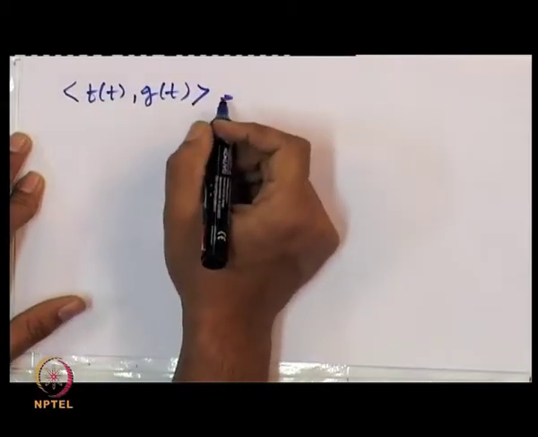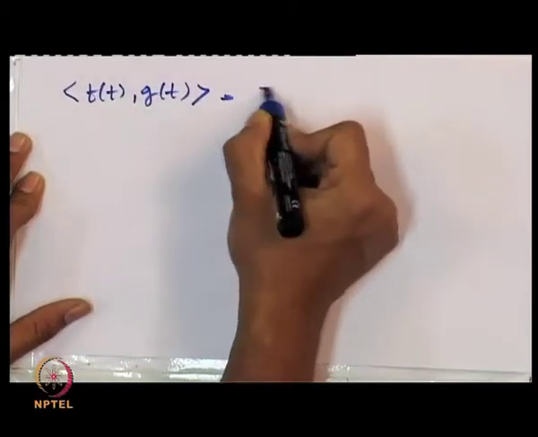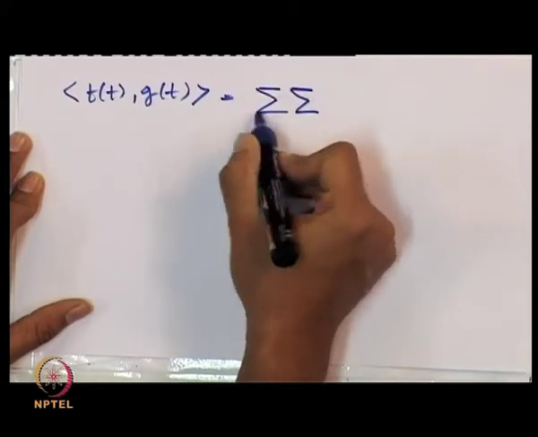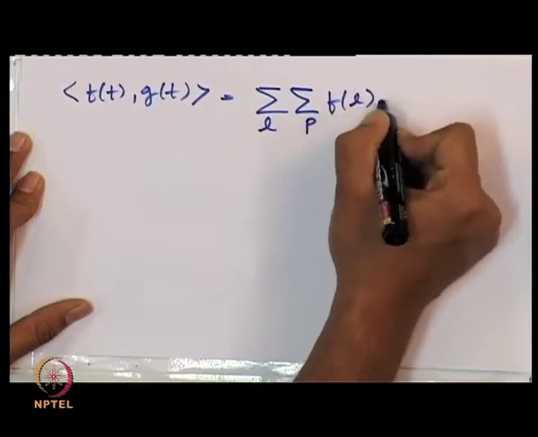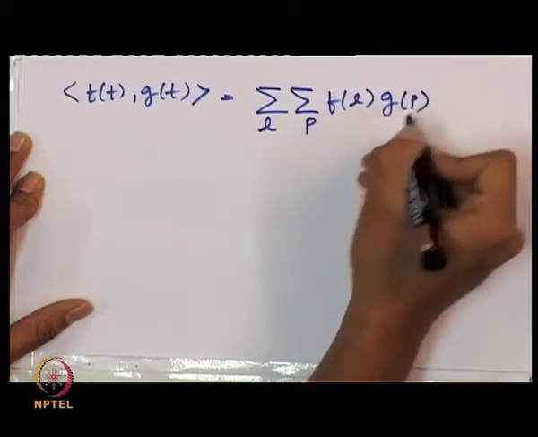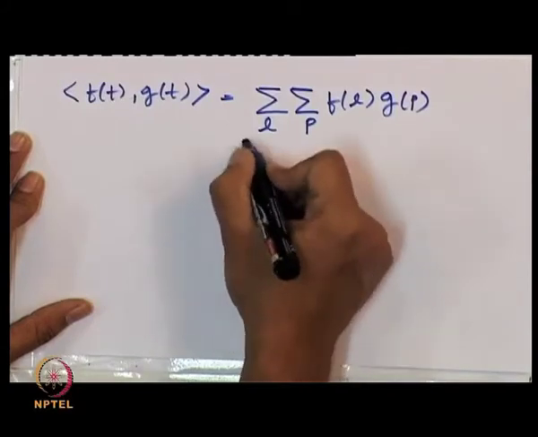We will take Gp and Fl common, and it results in a double summation of Fl Gp, and the result is an integral.